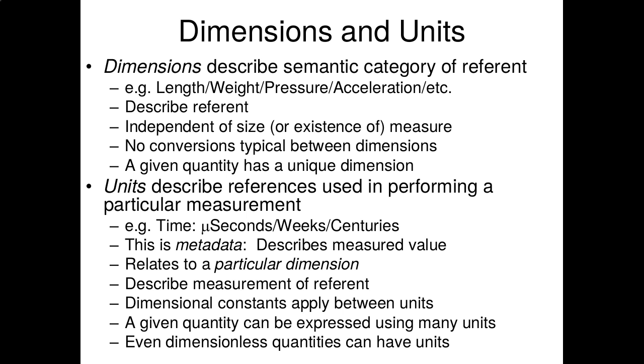Sure. For units, we can convert by simple multiplication by appropriate dimensional constants. So for example, we might have something measured in centimeters and we want to convert it to inches. So we divide it by the number of centimeters per inch, right?